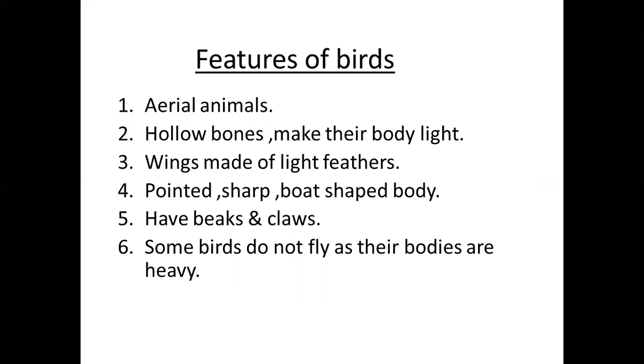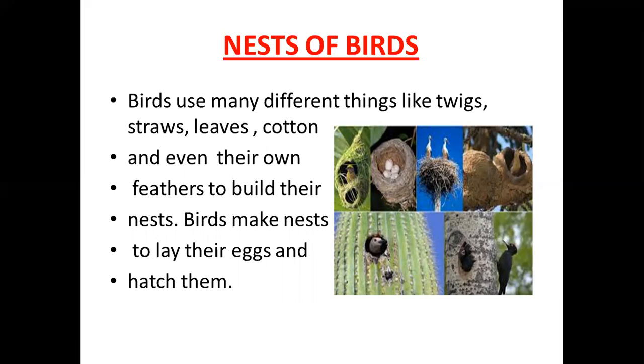We can see birds' nests on trees, on the terrace of the buildings, on electric poles, and many other places. They remain safe from enemies and weather in their nests. How we live in our houses, how we are safe in our houses, like that, the birds will be safe from enemies and weather in their nests.